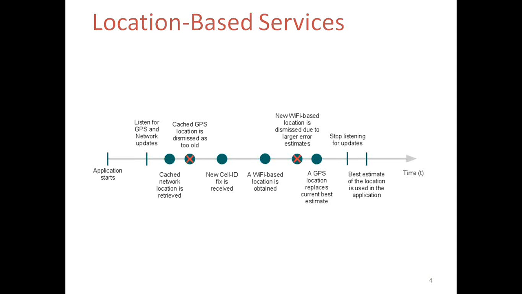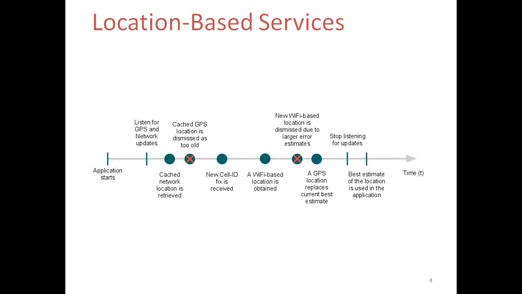So if we have got the device location by using the network updates, then the device automatically stores or caches that location within it. Then the application checks whether the cached network location is available.